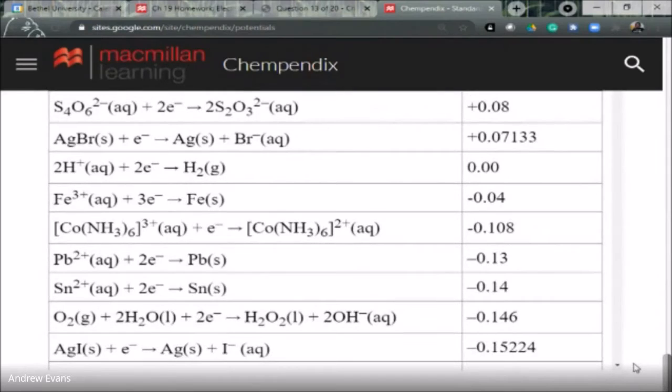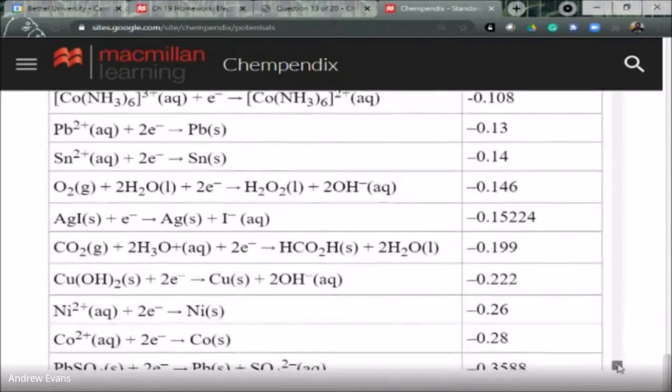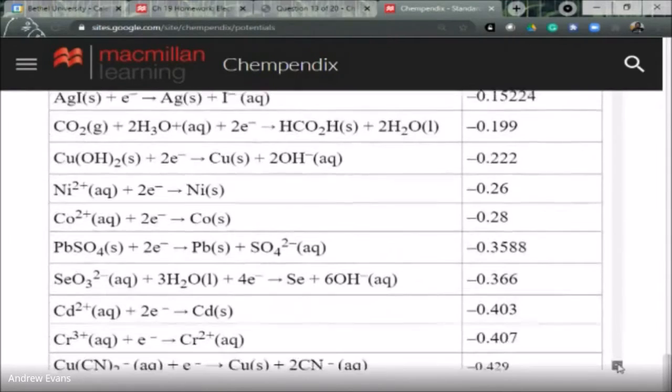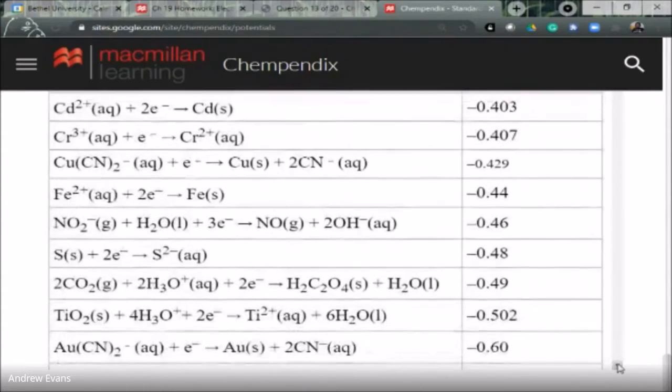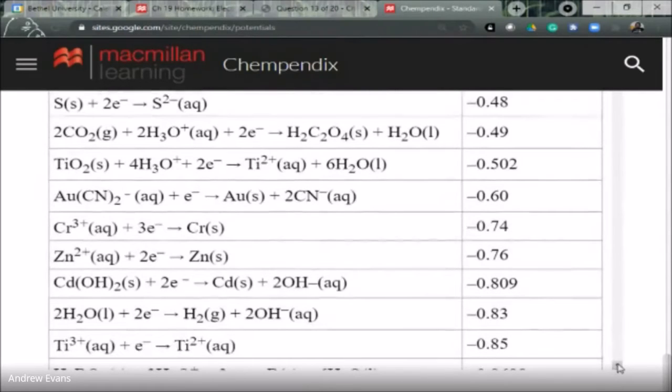Oh, there's cobalt 2 plus. Cobalt 2 plus. No, there's zinc.